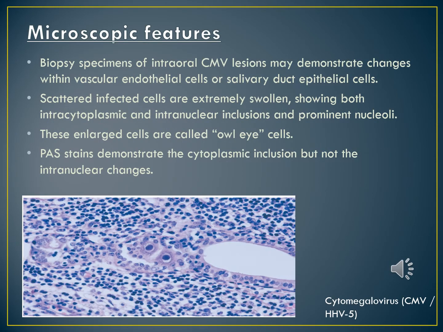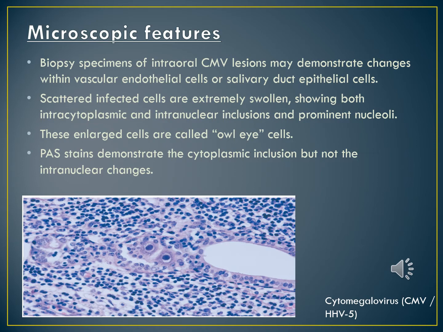Microscopic features of cytomegalovirus infection. Biopsy specimens of intraoral CMV lesions may demonstrate changes within vascular endothelial cells or salivary duct epithelial cells. Scattered infected cells are extremely swollen, showing both intracytoplasmic and intranuclear inclusions and prominent nucleoli. These enlarged cells are called owl-eye cells.